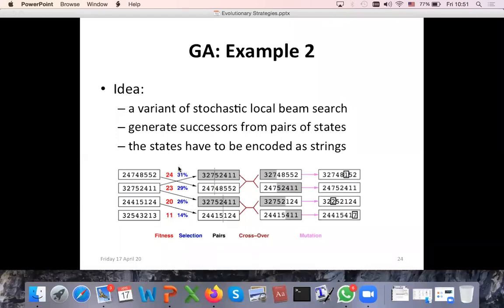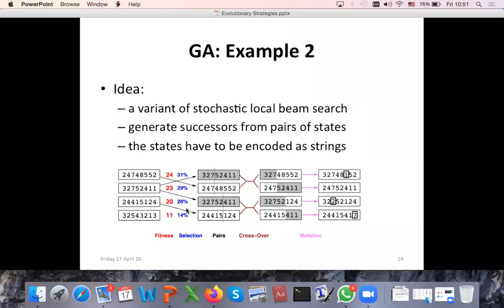Then we are calculating the chance of selection according to these fitness values. You can sum up these values, and then take 24 multiplied by 100 divided by the total sum, and then you will get this value.